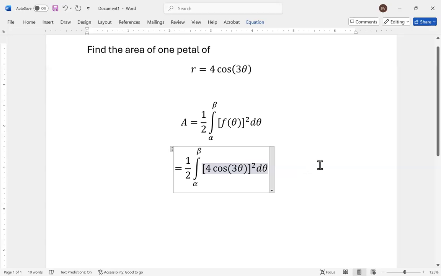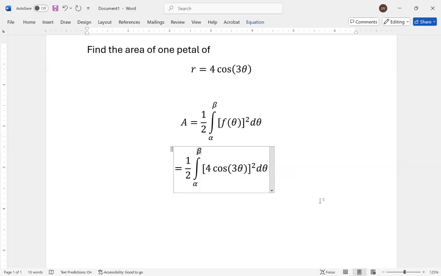So that's pretty straightforward. The only thing I really need to focus on is what the alpha and beta are going to be. Now, you can find these algebraically if you'd like. I might do that in just a moment. You can also find this on the TI-84.